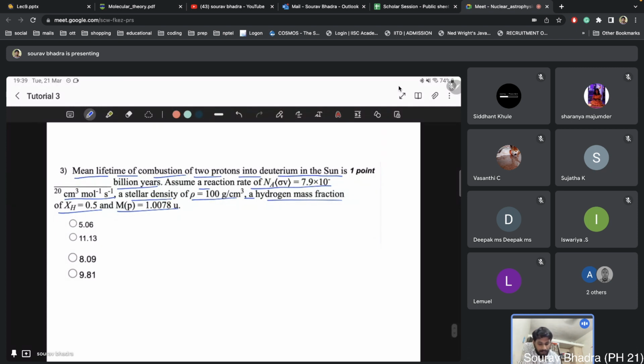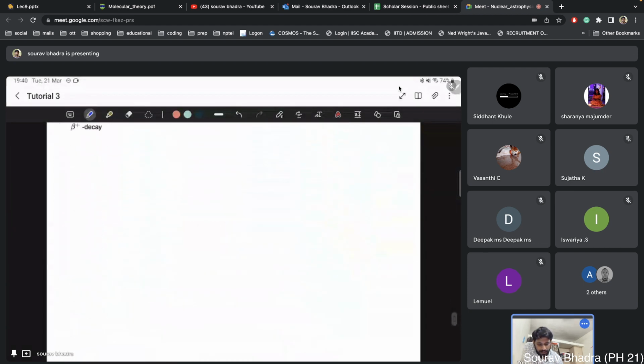Okay, so mean lifetime is expressed by nh sigma v. I will not go into the proof of this because it will take a long duration, and you can find this proof in the class itself. I will just write it.